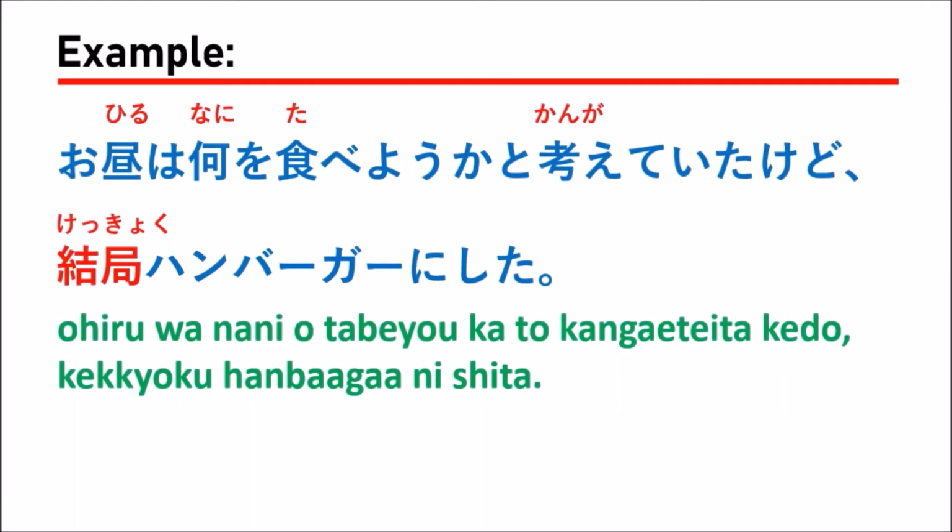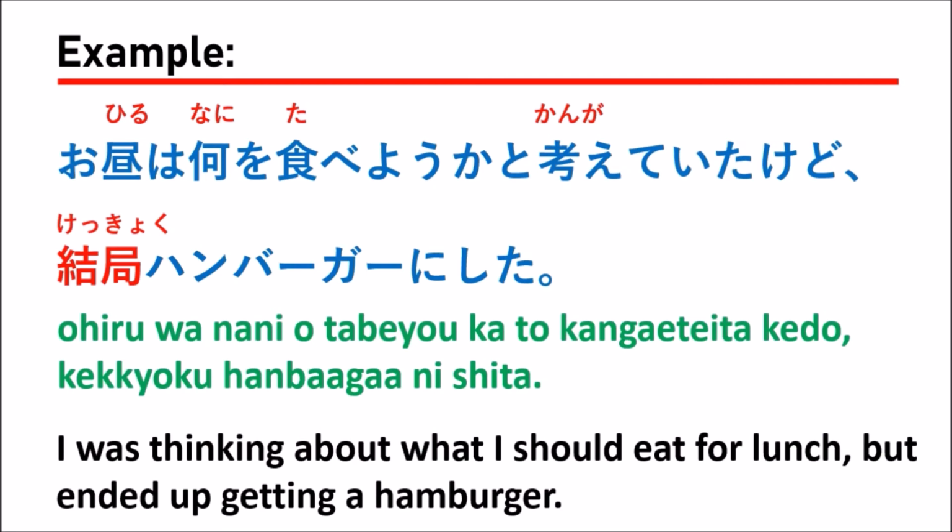The next: お昼は何を食べようかと考えていたけど、結局ハンバーガーにした。Which means, I was thinking about what I should eat for lunch, but ended up getting a hamburger.